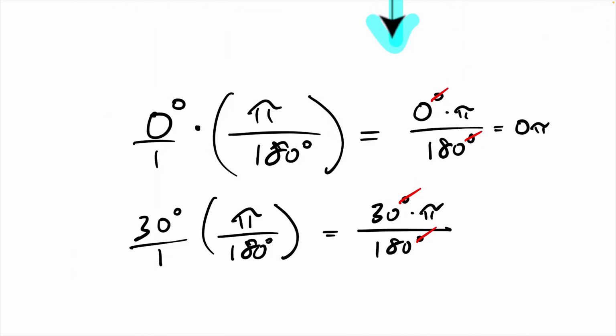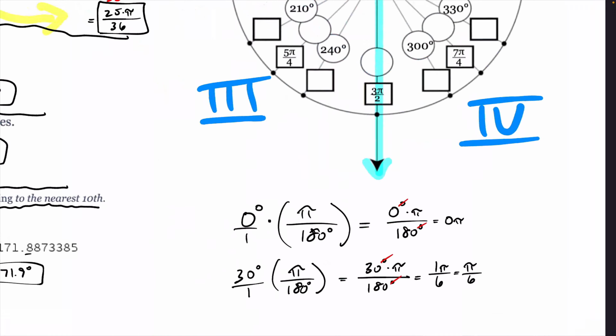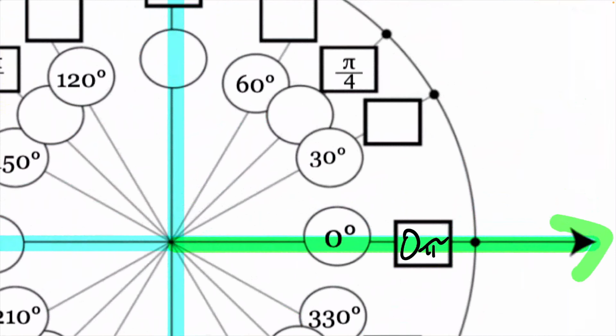What's 30 over 180? 1 over 6, right? 1 pi over 6. Well, 1 pi, if it's just 1, we don't have to write that 1, right? So it's pi over 6. So 30 degrees is the same as 1 pi over 6.